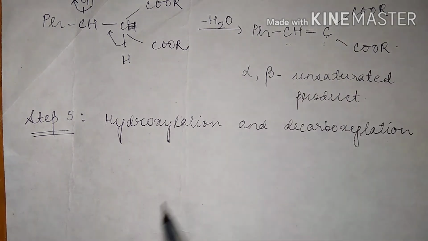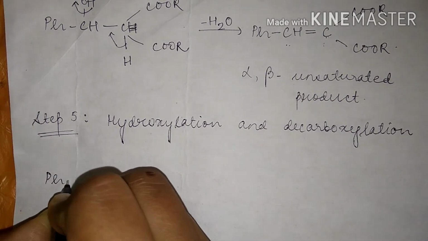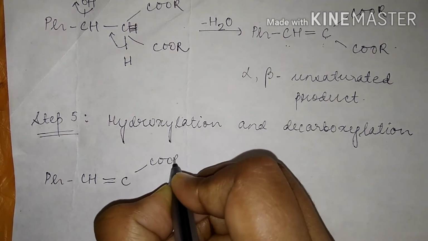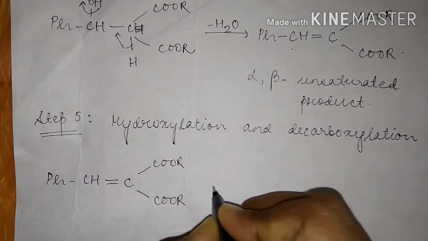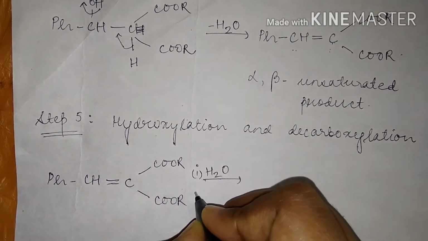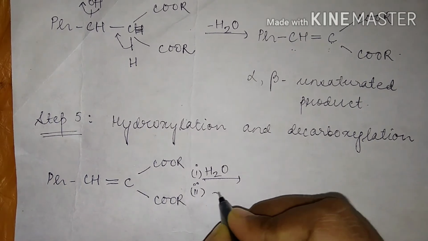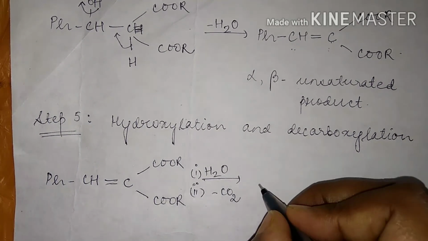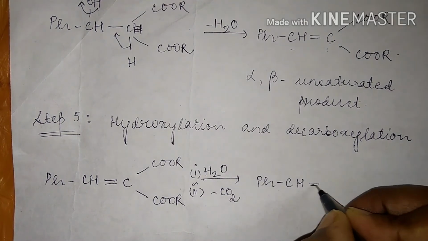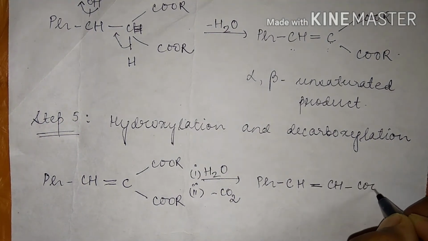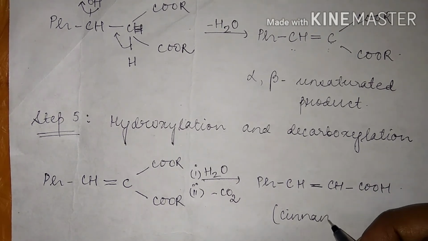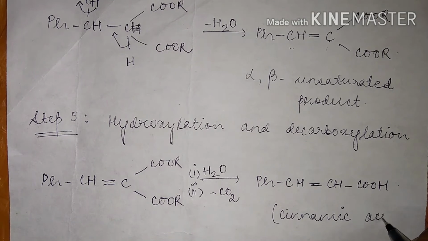The alpha beta unsaturated compound undergoes hydrolysis, that is addition of a water molecule, and then removal of CO2 to form cinnamic acid.